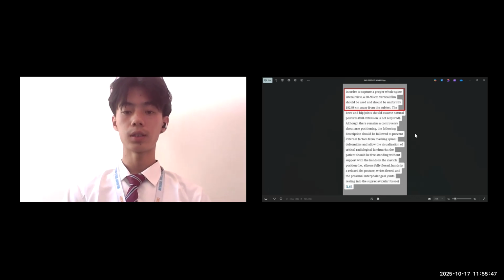So for a proper view of the whole spine, we should use the 30 by 90 centimeter X-ray film, at a distance of 182 centimeters from the X-ray tube to the film.